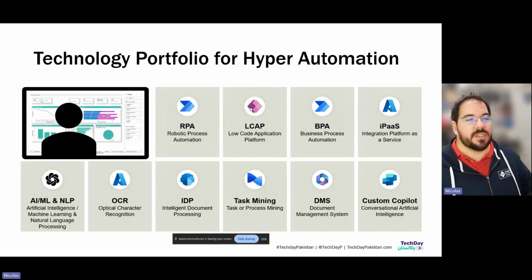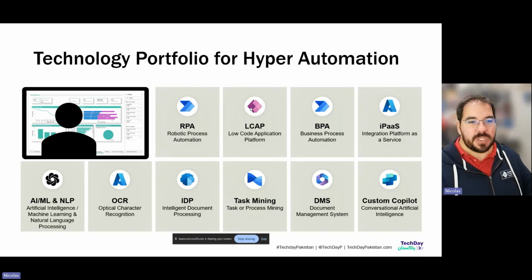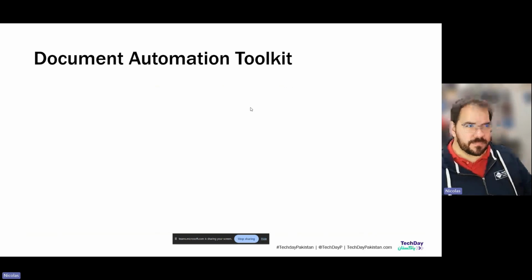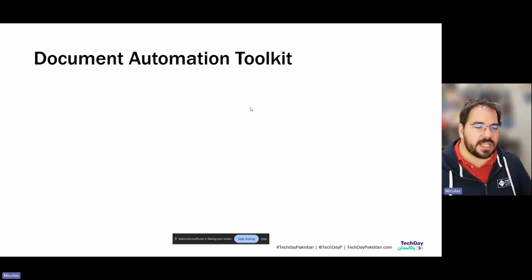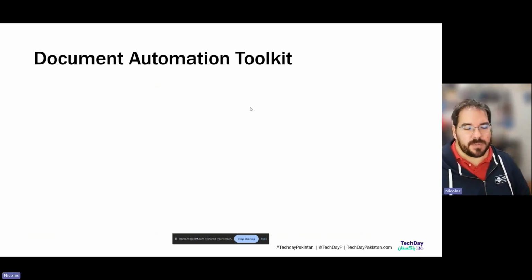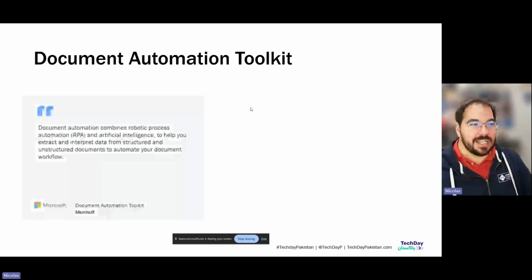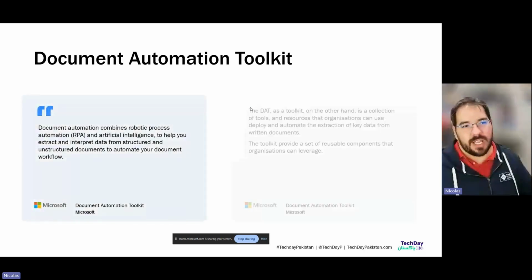It is something we can take as a starting point in the journey of building our own document automation solution. For those who don't know what the document automation toolkit is, basically it's a solution that helps us.